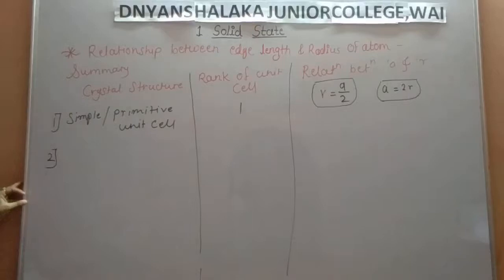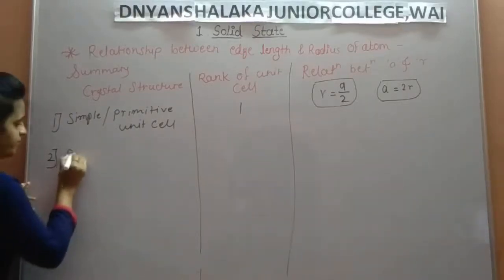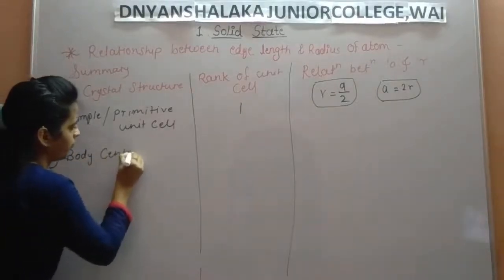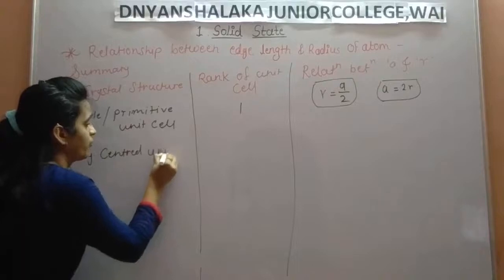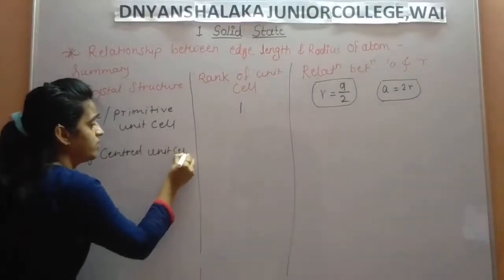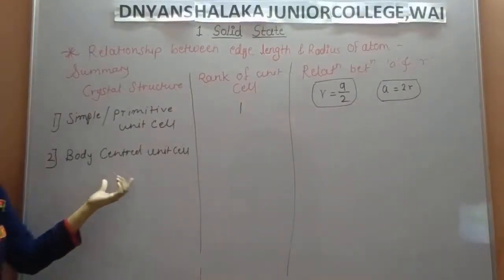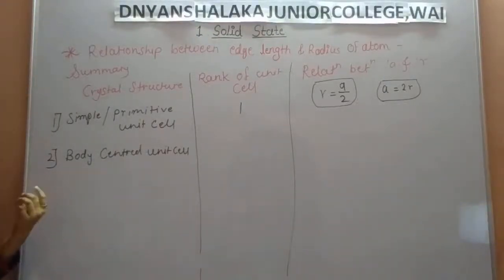Next, the second type is the body center unit cell. It is also called the body diagonal type.